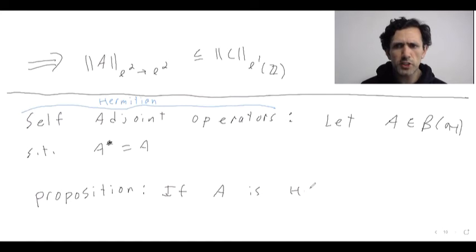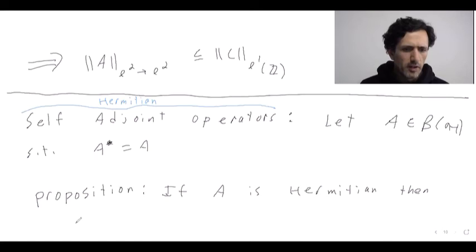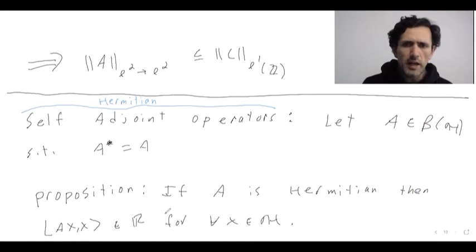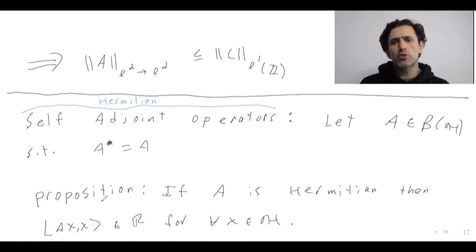So if A is Hermitian, then <Ax,x> is real for any x in H. And I should mention that the converse is true if we're dealing with a Hilbert space over the complex numbers.